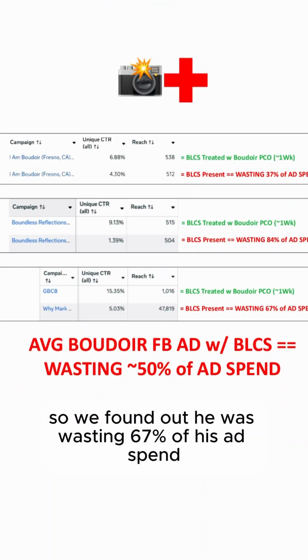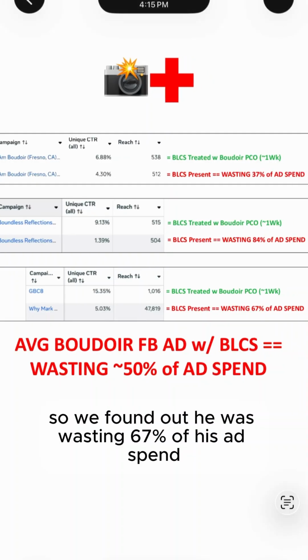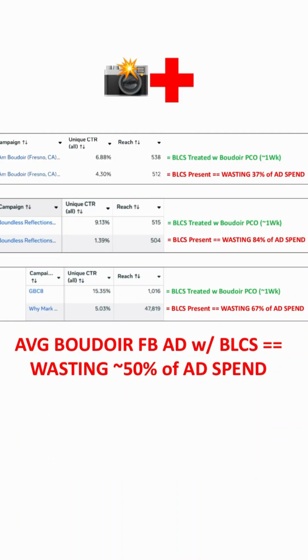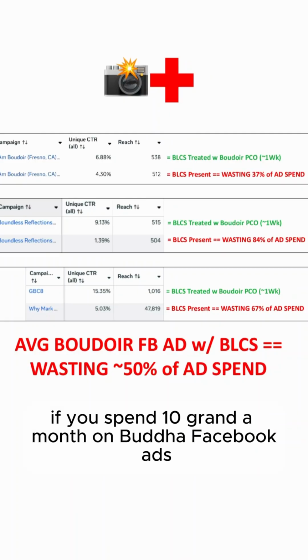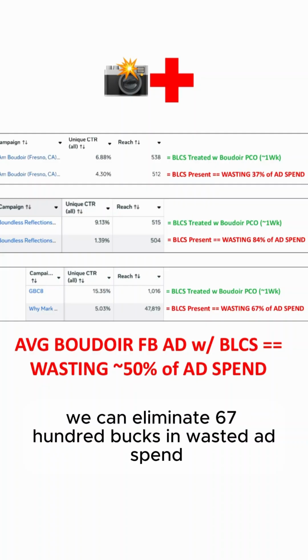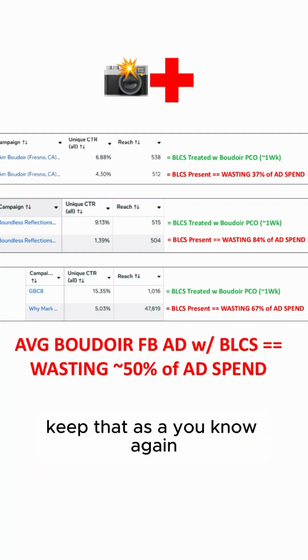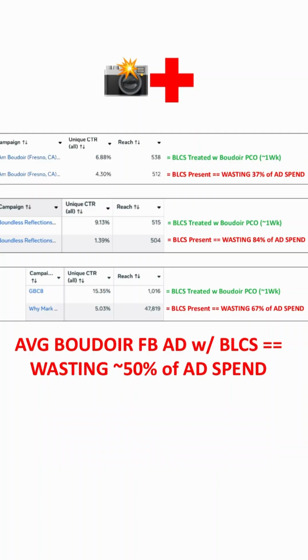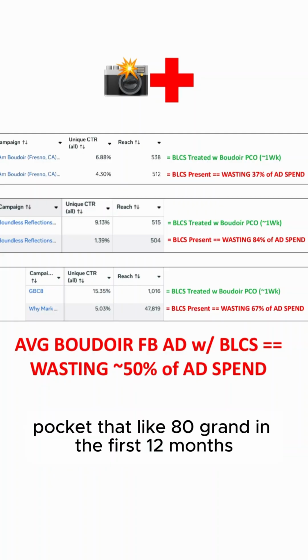So we found out he was wasting 67% of his ad spend with that original one. So if you spend 10 grand a month on Boudoir Facebook ads, we can eliminate 6,700 bucks in wasted ad spend, keep that again like a phantom profit, and pocket like 80 grand in the first 12 months.